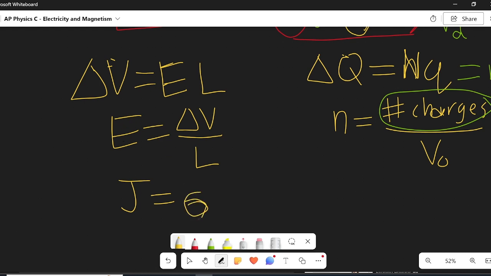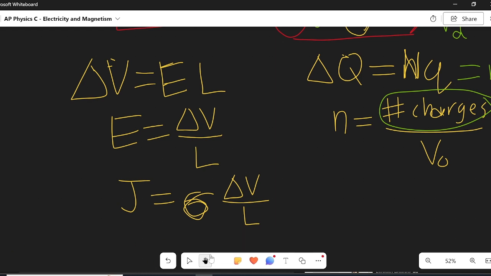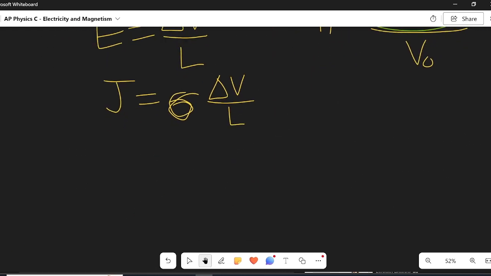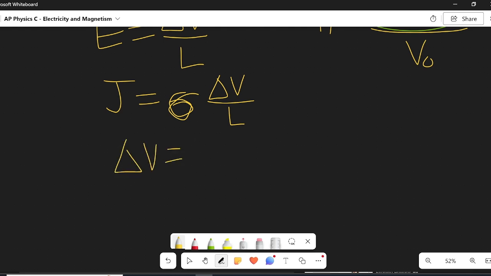We'll use conductivity and multiply it by this expression here. And now if we solve for the delta potential, solving for delta potential gives us that current density multiplied by length divided by the conductivity is equal to the delta potential.